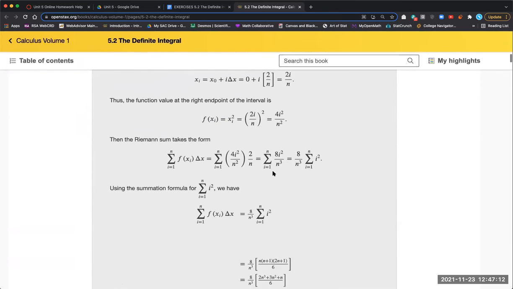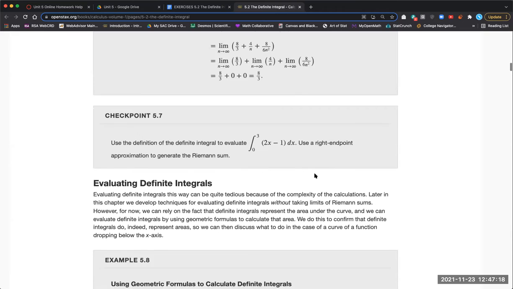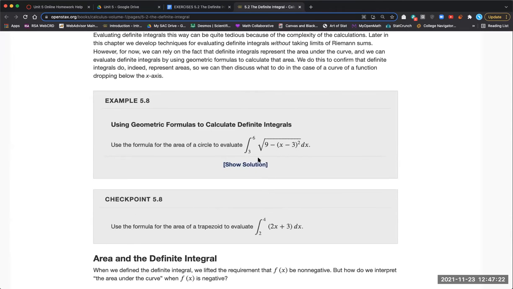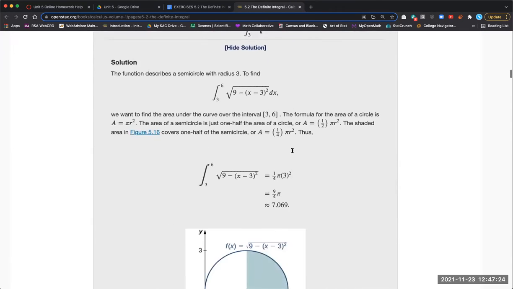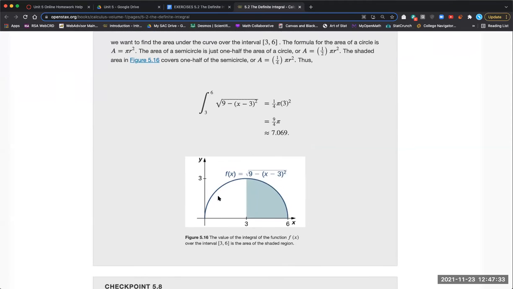But it's a really great exercise to go through. We're really going to be more interested in this example, where we have a function and know what its graphical representation looks like. Then we can actually calculate the area, because we have a formula for a circle. This turns out to be a semicircle from 3 to 6.